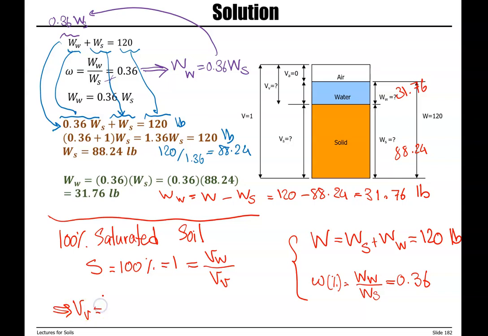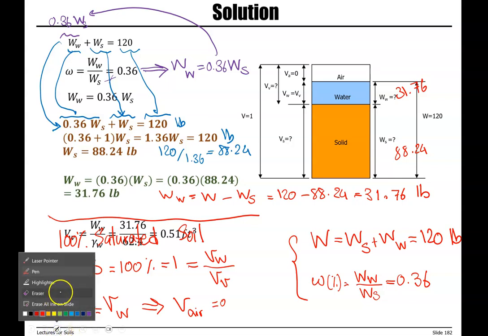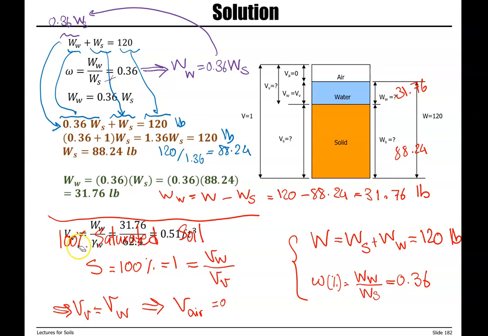This means volume of void is equal to volume of water, which means that volume of air is 0.